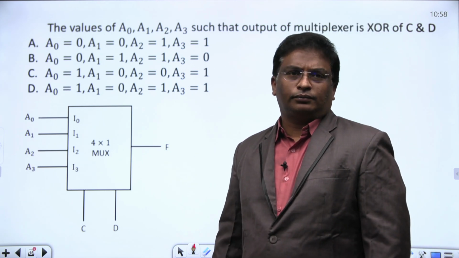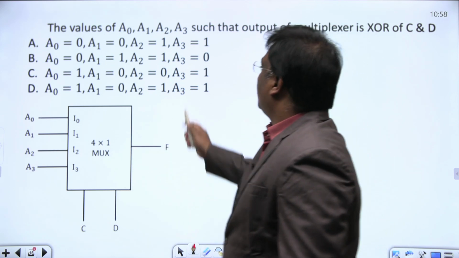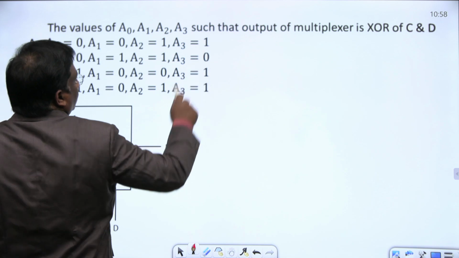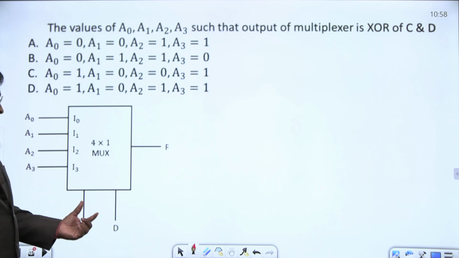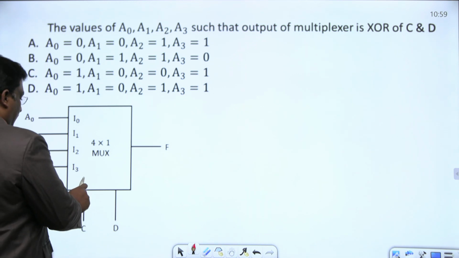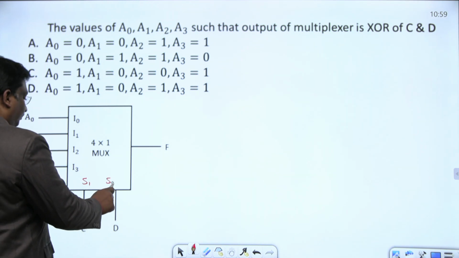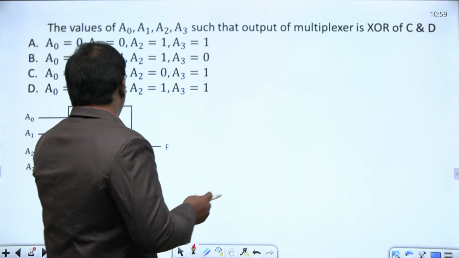This question also came from digital electronics, a multiplexer is given. Find the values of A0, A1, A2, A3 such that the output of the multiplexer is XOR. The selection lines here are C, D. The inputs are I0, I1, I2, I3, a 4 by 1 mux, with selection lines S1, S0. What is the output equation of this multiplexer?